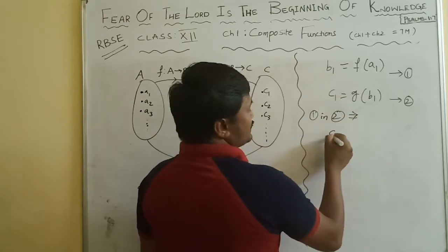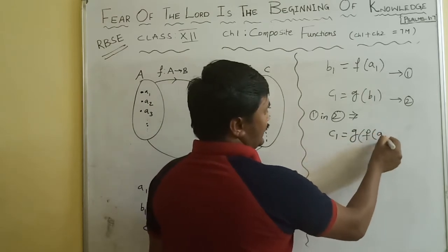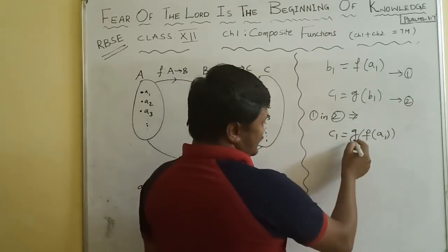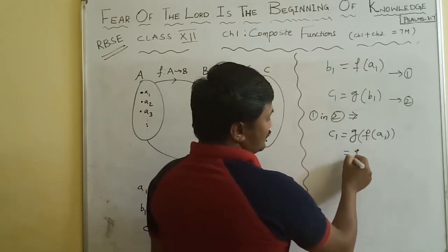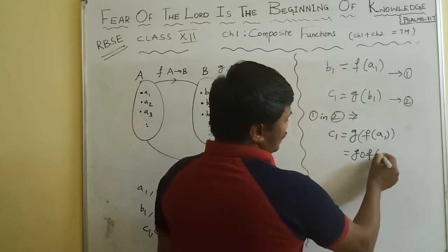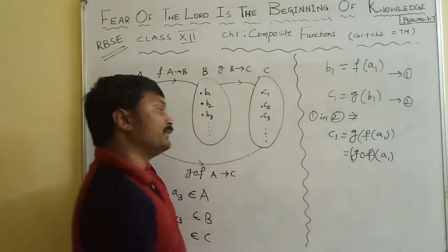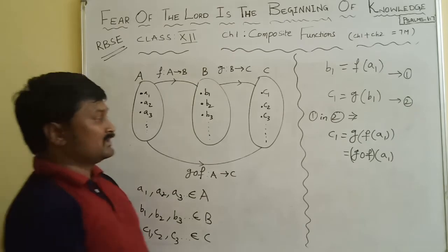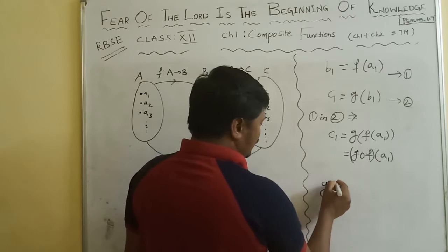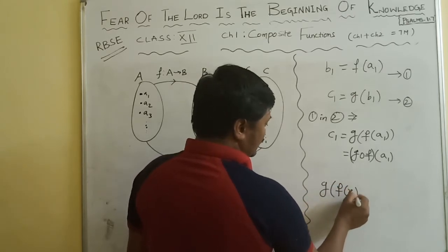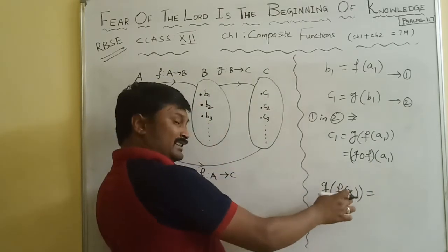Then what will we get? C1 is equal to g of B1, and B1 is f of A1. So like this, g of f of A1 we can write as g circle f of A1. From this step, what can we say? g of f of x1, or we can say g of f of x in general.